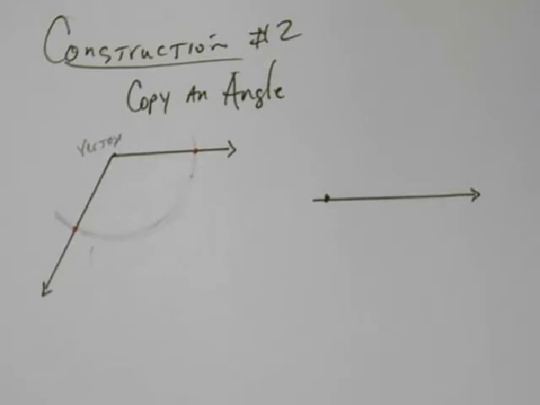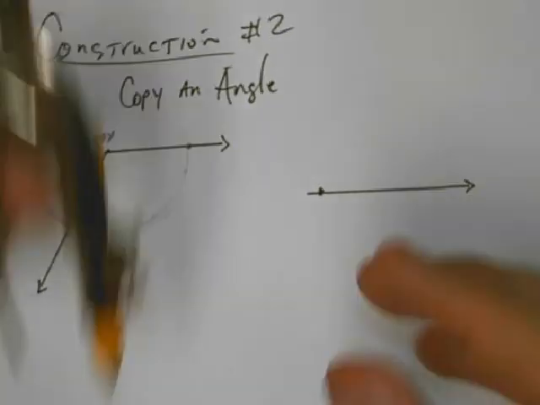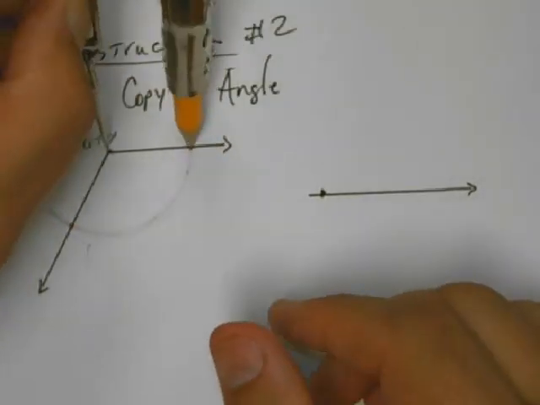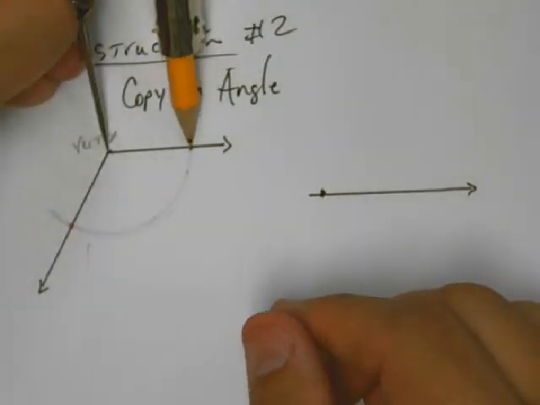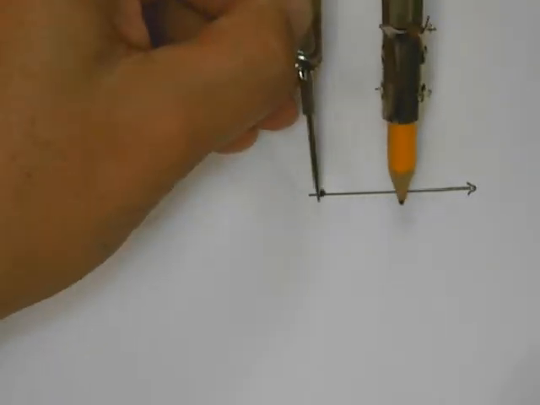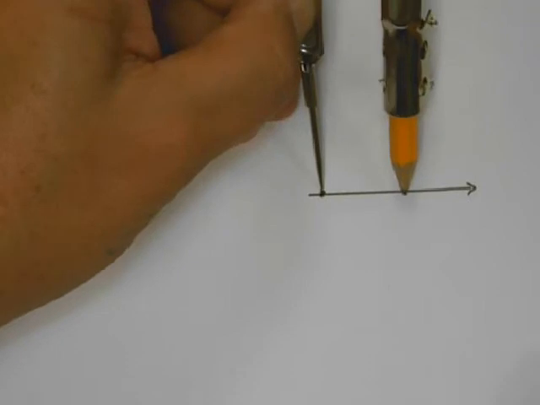Now my compass, I hope it didn't move. I'm going to make sure that it didn't. My compass didn't move, so I'm good. Same width. Now I'm going to go over to here and do the exact same arc.